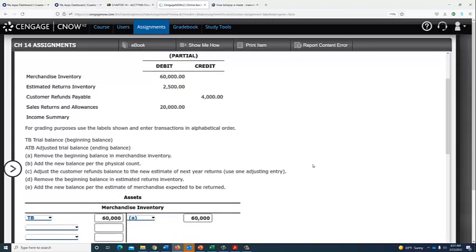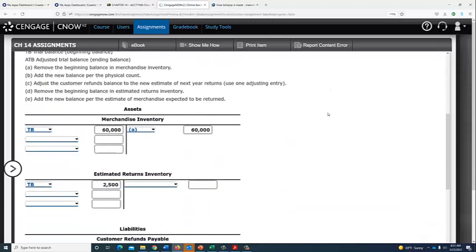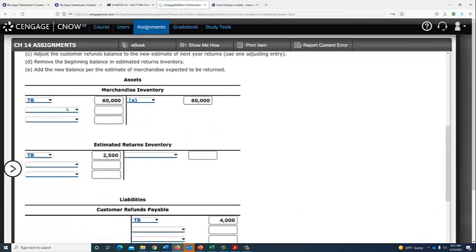The next step is to add the new balance per the physical account. So our count was $72,000 on December 31st. So we have a new balance that we're going to enter now. And to add a balance to merchandise inventory, we're going to debit it.